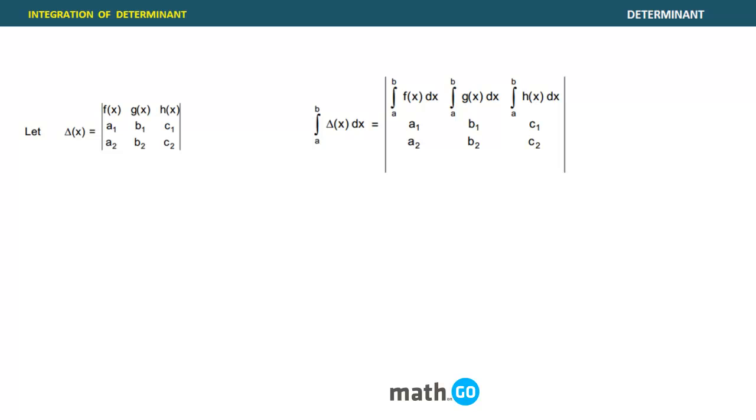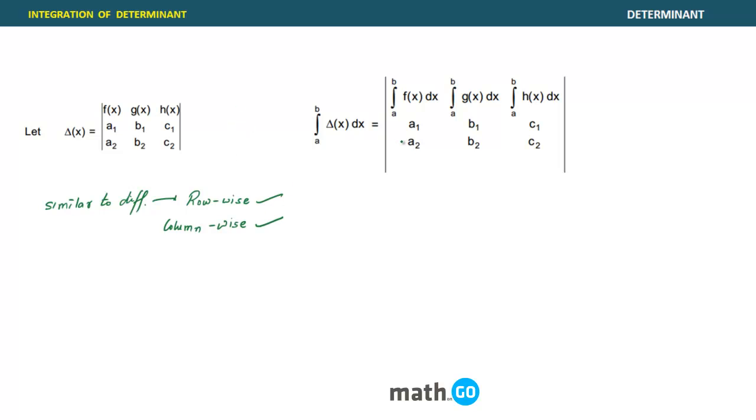Okay, the next thing that we have to do is the integration of a determinant, and it is completely similar to what you did for differentiation. Differentiation was done row wise, or I can say column wise also. I had not told you there, but it could be done either row wise or column wise, that means one row at a time or one column at a time.